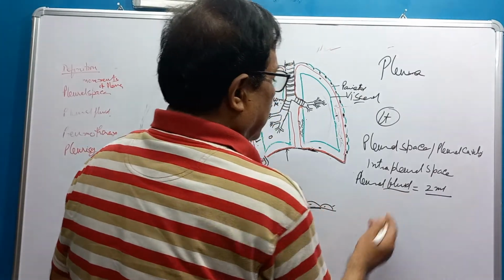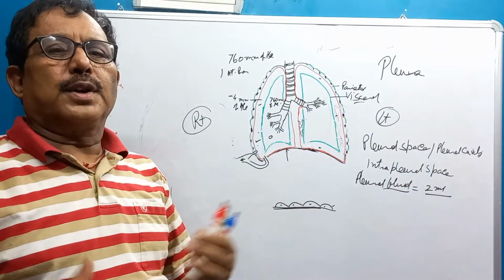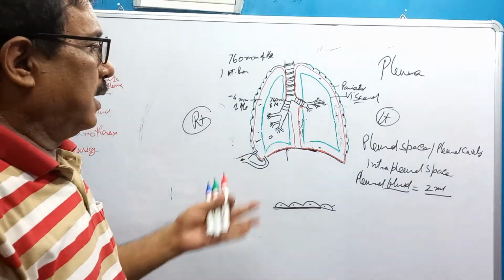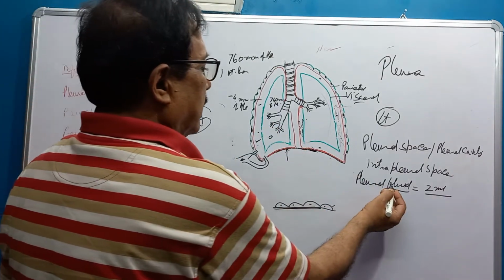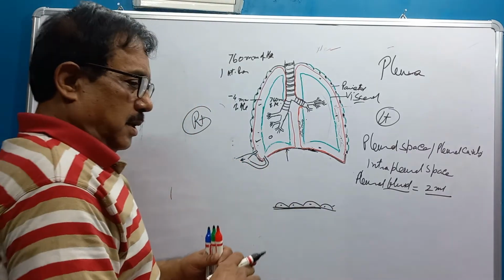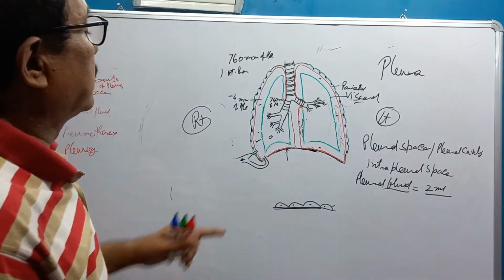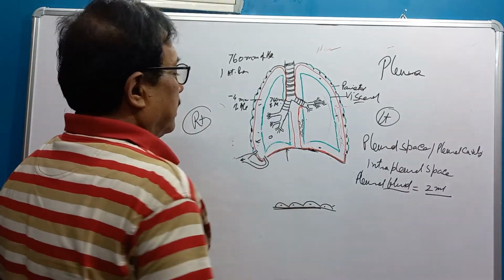And second, it seems that the lung is floating in the pleural fluid. It also causes equal distribution of forces on the lung. Therefore, it is very important.